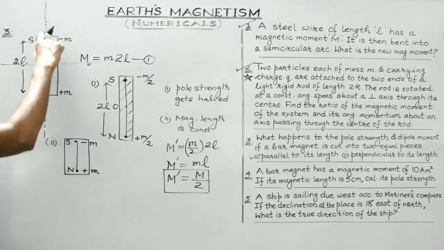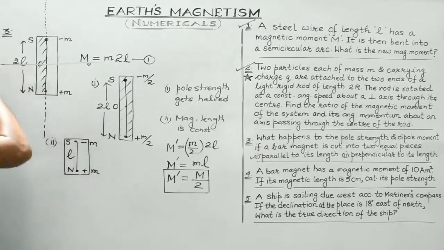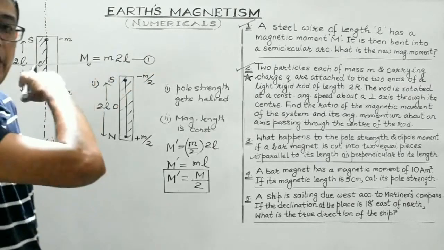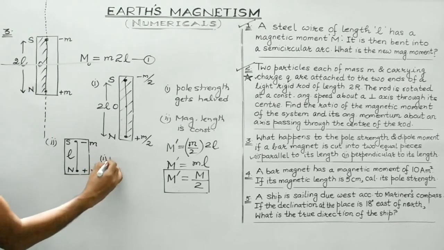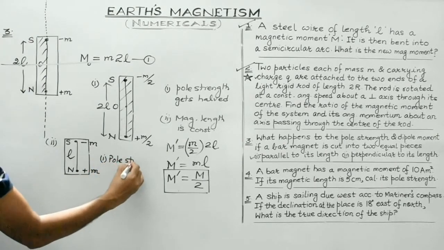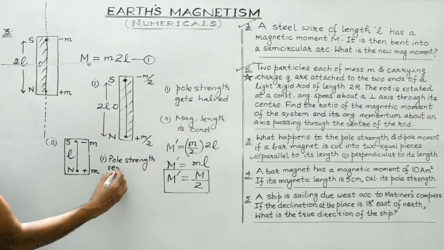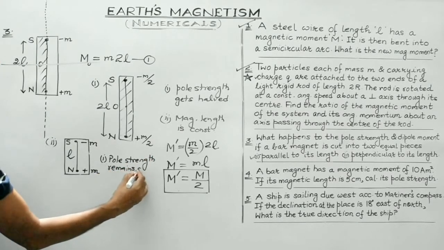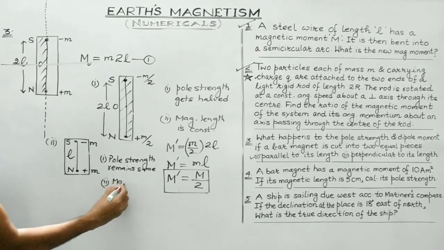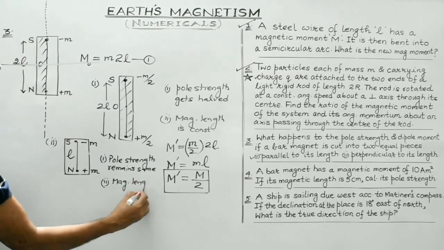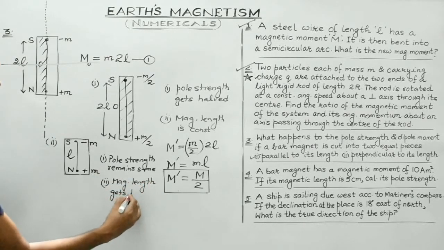So the magnetic length becomes half. In case the magnet is cut perpendicular to its length, pole strength remains the same, but magnetic length gets halved.